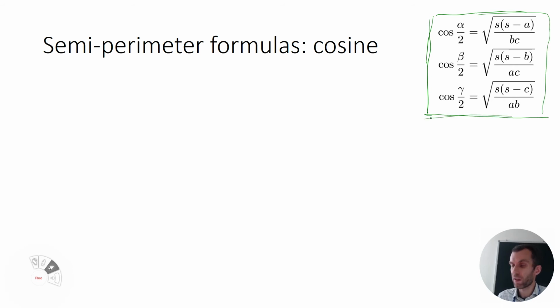And once again, it relates something that has to do with the semiperimeter and the sides on the right-hand side, and then the angles and trigonometric formulas on the left-hand side. So for the cosine formula, I will sketch the approach, but not all the steps in detail. So we'll start again from the half angle formula.